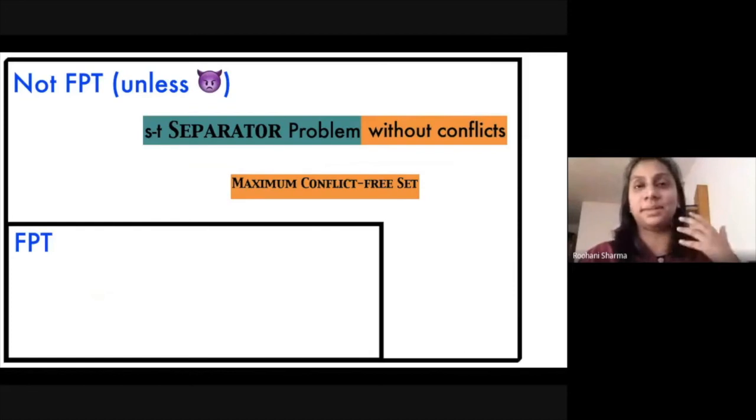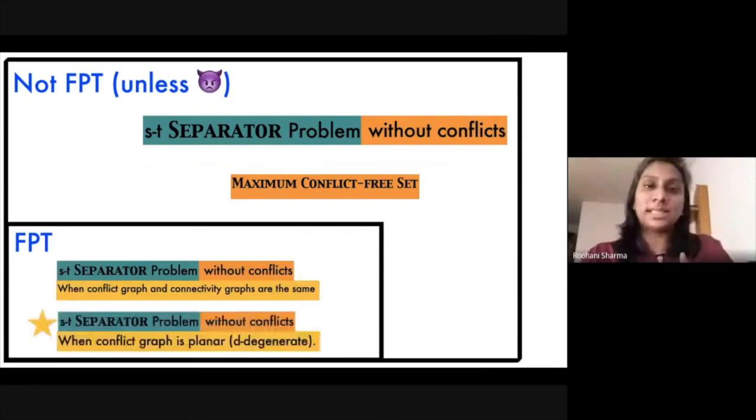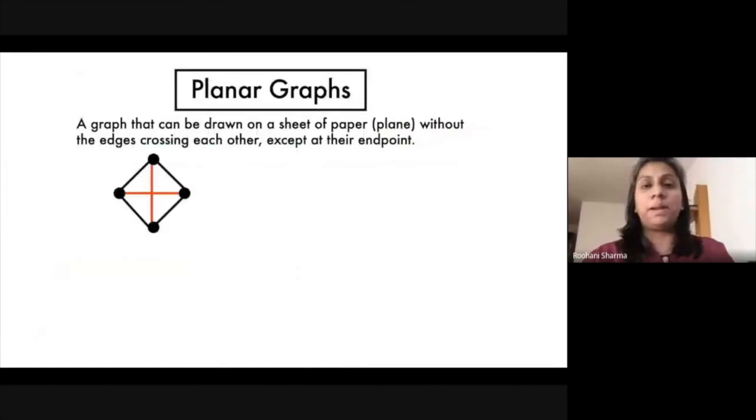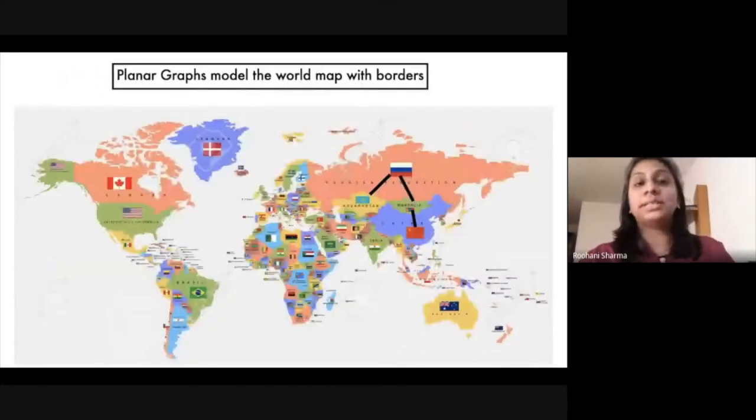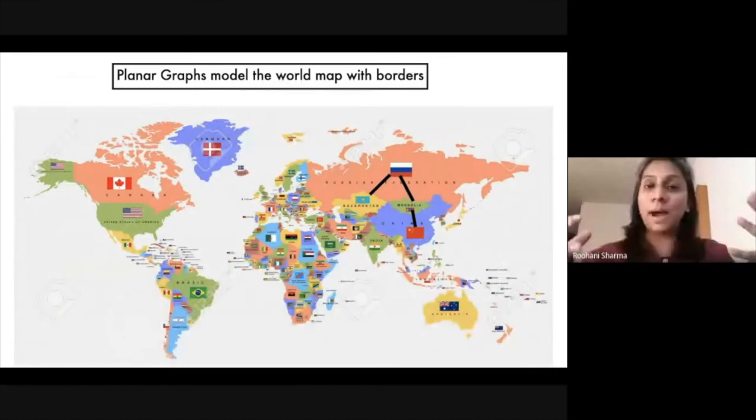But what we can still show is that the problem is tractable, or is FPT, when the conflict graph is planar or degenerate. Just to motivate the problem a little, planar graphs are graphs which can be drawn on a sheet without the edges crossing each other. These graphs are interesting because they model the world map with borders.